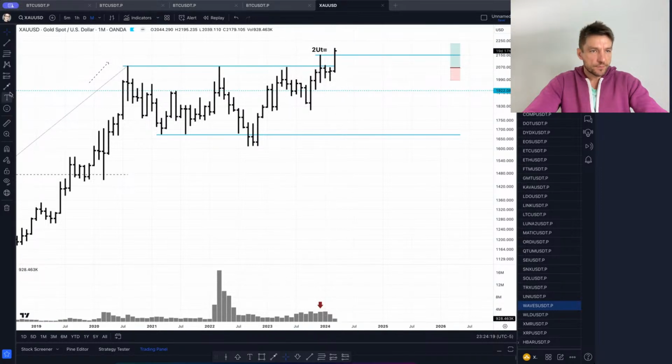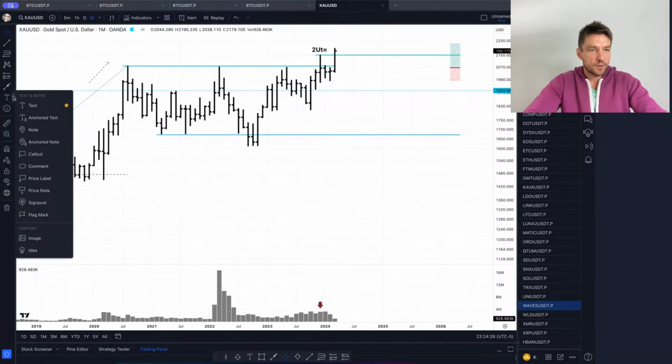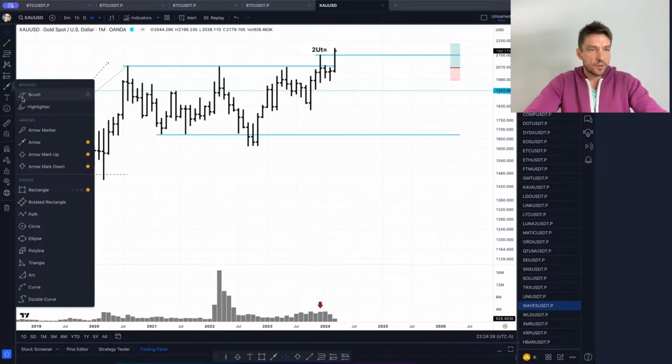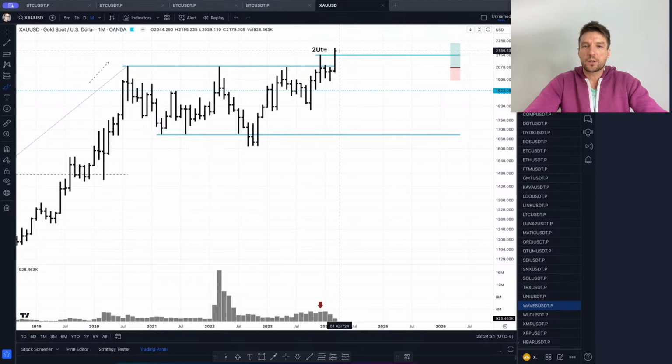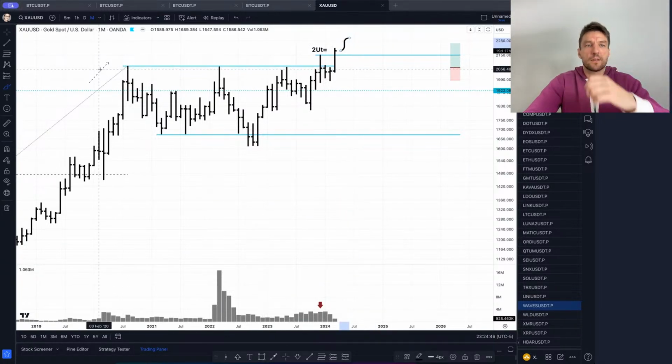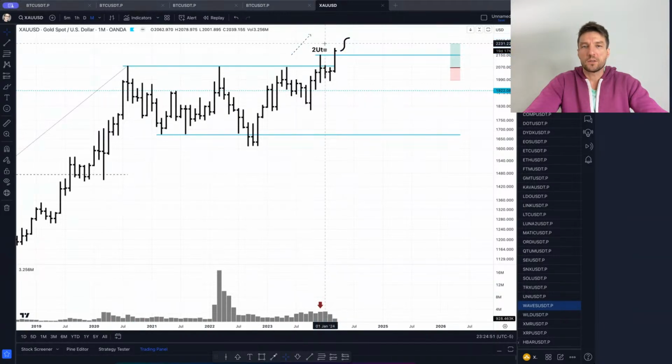So look, if it closes, where's my drawing? If it closes like this and then goes away, yeah, if March closes like this and goes like this, you're good.